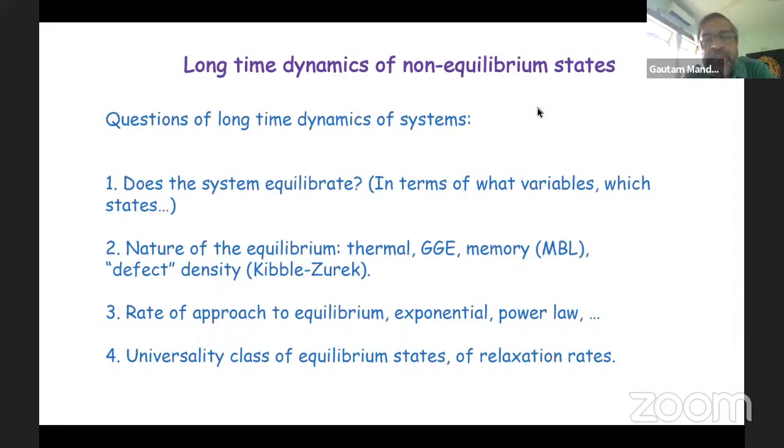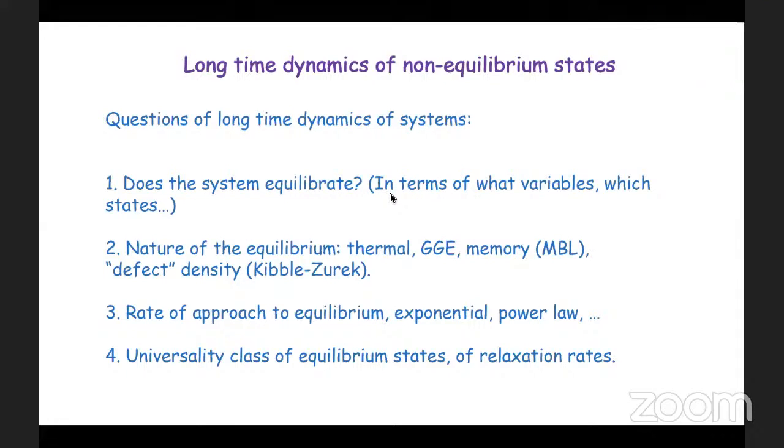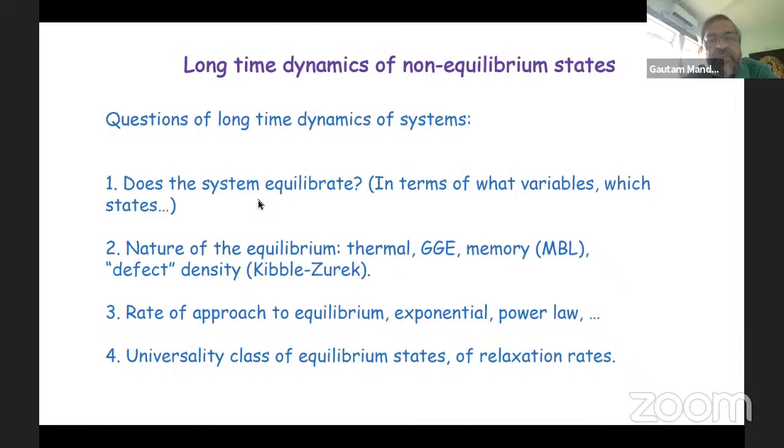Basically, the idea is to look at non-equilibrium physics, in particular long-time dynamics of non-equilibrium states. There are some important questions. If you start from some particular initial state, is the cursor visible? Yes, it is visible. Okay, thank you. So does the system equilibrate?